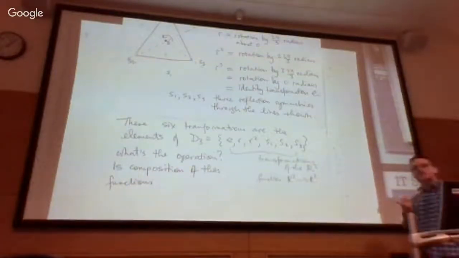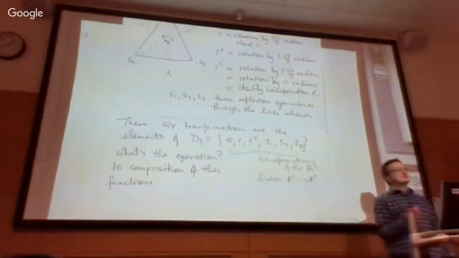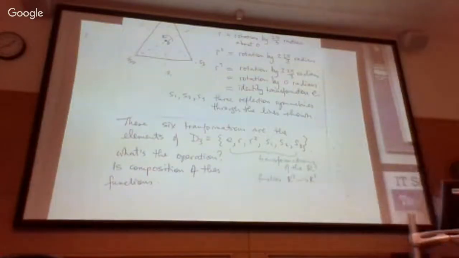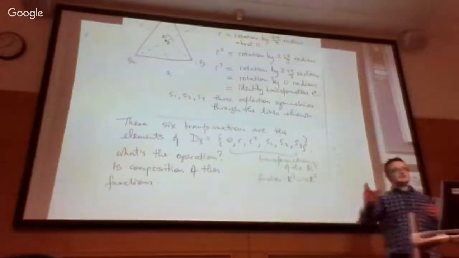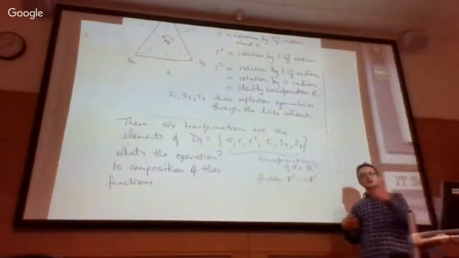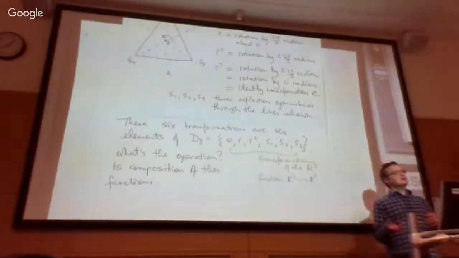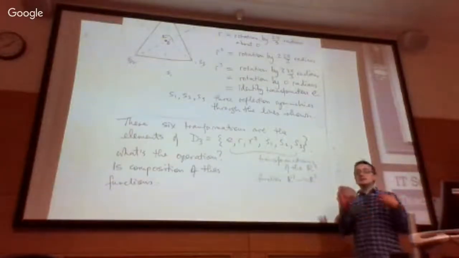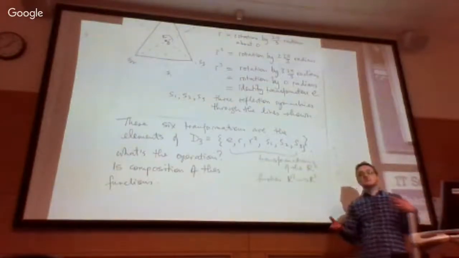Because the concept of a symmetry transformation is something that leaves the shape unchanged. So if you compose two of them, you apply the first one, it leaves the shape unchanged. You apply the second one, it leaves the shape unchanged. So that means the composition of the two transformations, again, leaves the shape unchanged.